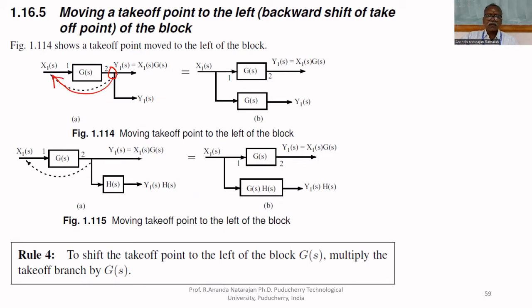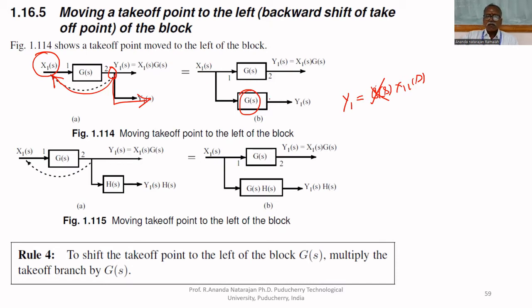In that case, it is already amplified by G of S. The X1 of S is already amplified by G of S. Here, what will you get? Here, Y1 equals G of S multiplied by X1 of S. But if you shift that, G of S will not be there. That's why we have to multiply again by G of S. Very simple arithmetic. But these are all we should remember. Then only we can reduce the block diagram.